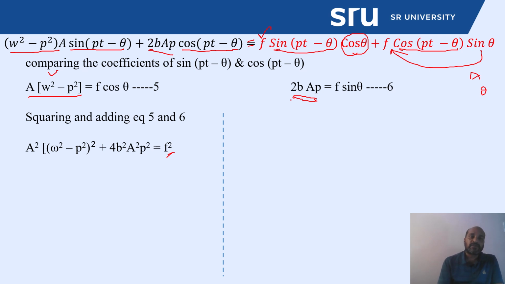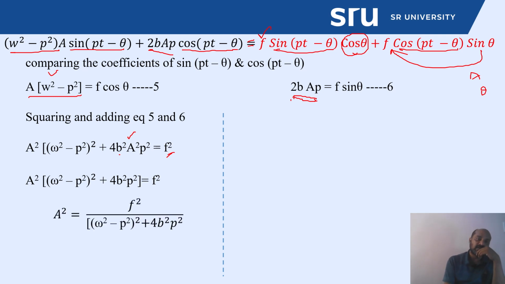But our aim is to write the equation for A now. Here A square is common. Taking that common, the result will be A square times ((omega square minus p square) whole square plus 4b square p square), which will be equal to F square.